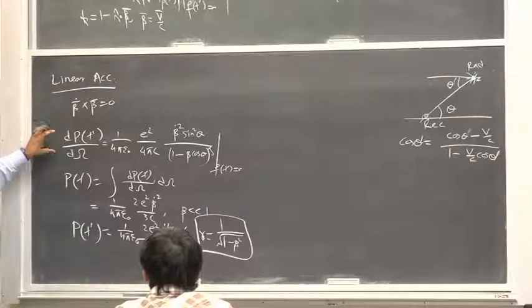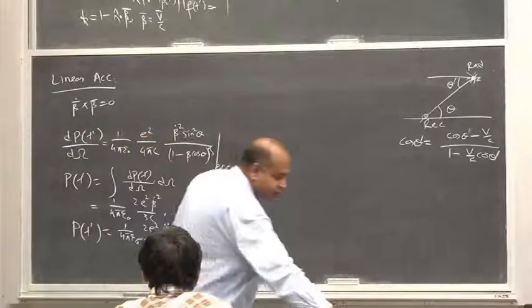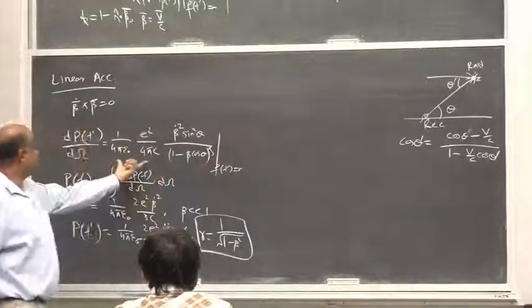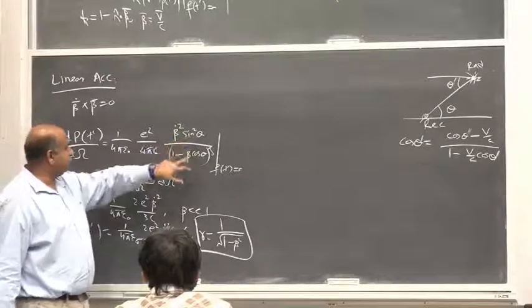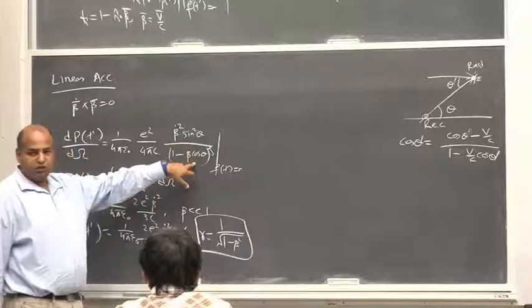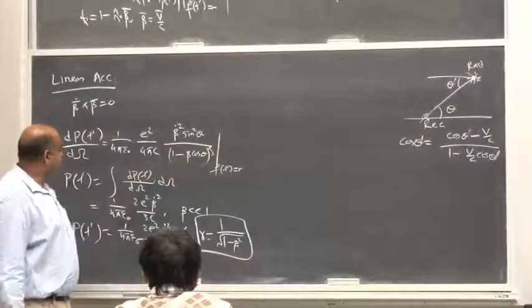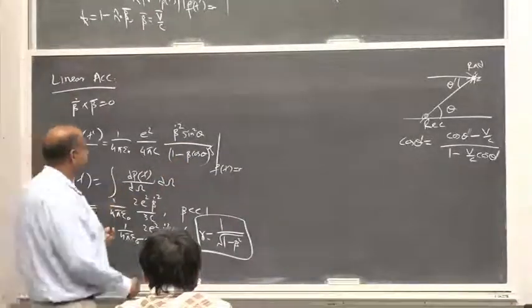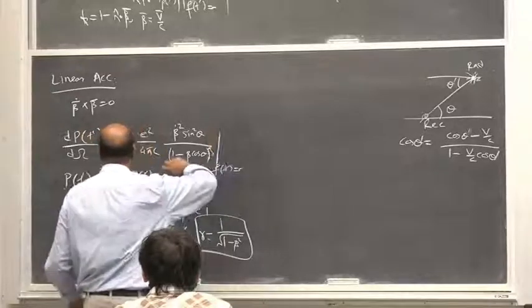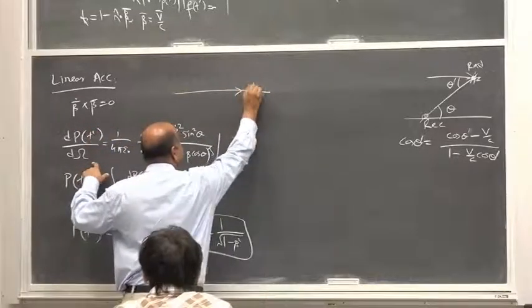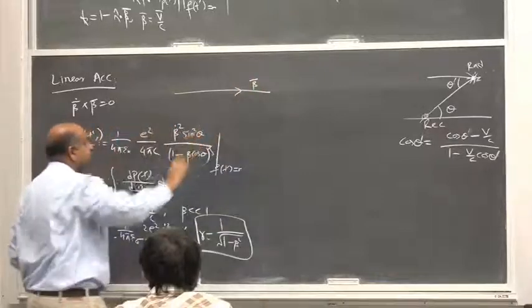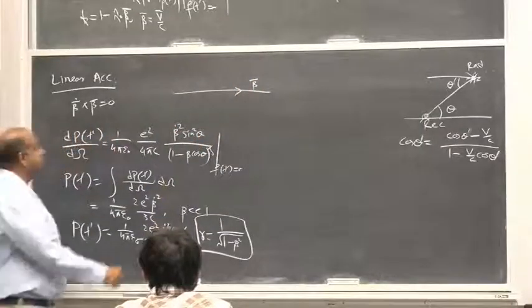और अगर हम इस पैटर्न को देखें, ये जो फंक्शन, so this is sine square theta और 1 minus beta cosine theta. तो इसको हमने देखा था, it's something like this. So let's say this is the direction of the velocity of the charged particle.